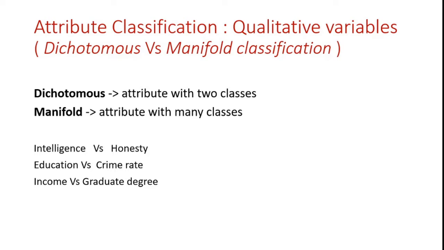When we talk of attribute classification or qualitative variables, they can be classified as either dichotomous or manifold classification. Dichotomous means you have an attribute with two classes, and the first problem that I showed you, which we haven't discussed yet, is an example of dichotomous classification.